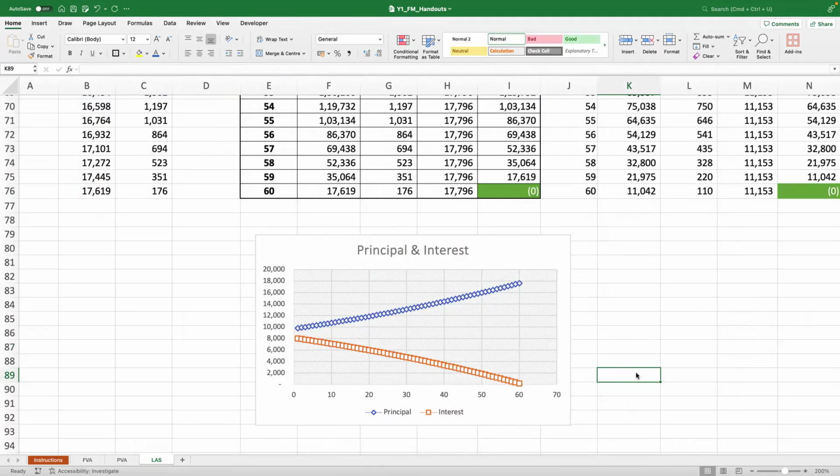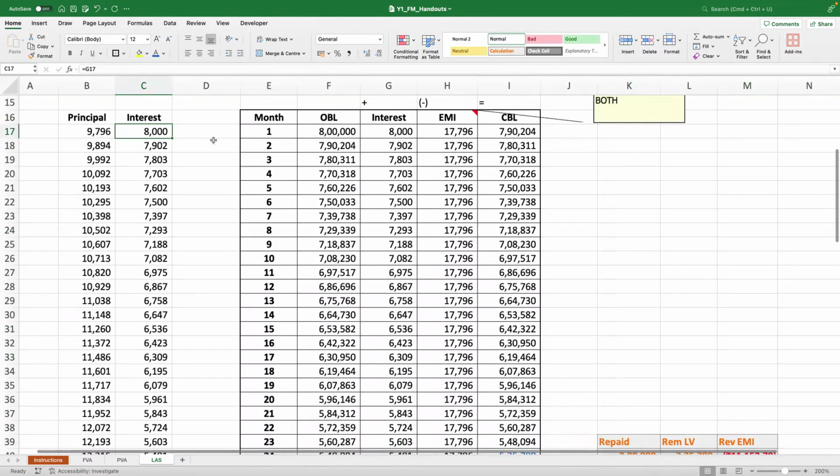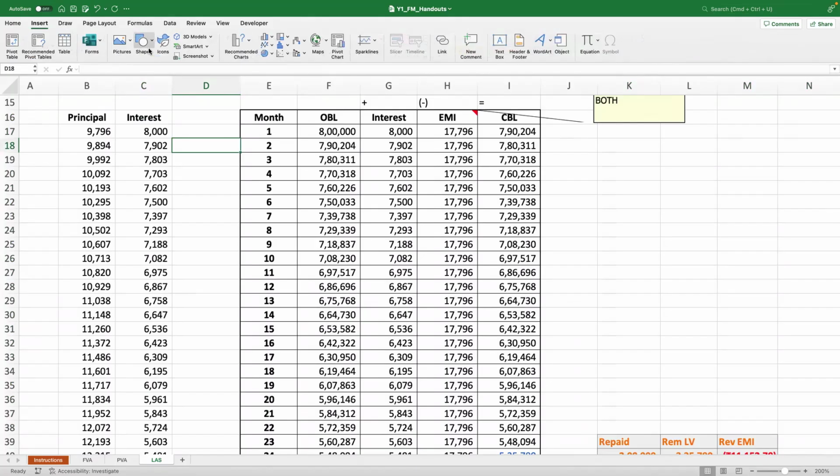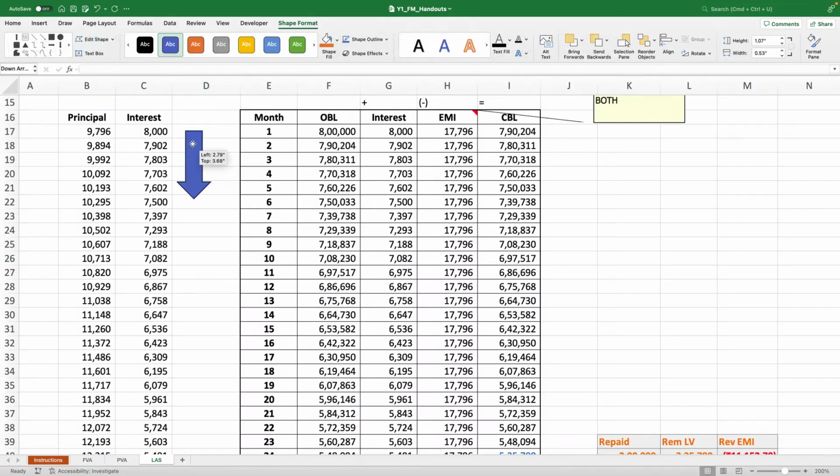Why? See, that is the whole purpose of an amortization schedule. Bank will always want to recover your interest faster. So if you look at the EMI, look at the EMI. Interest is there. If you look at the interest, what happens? Yes.